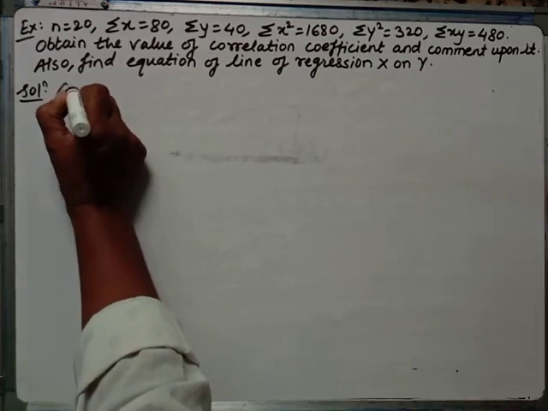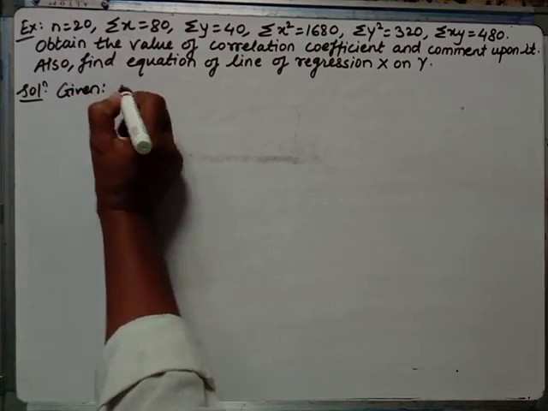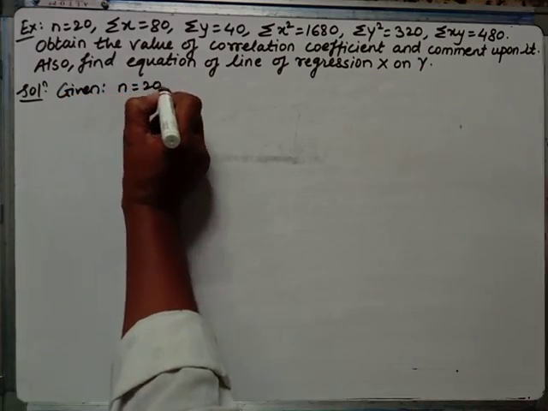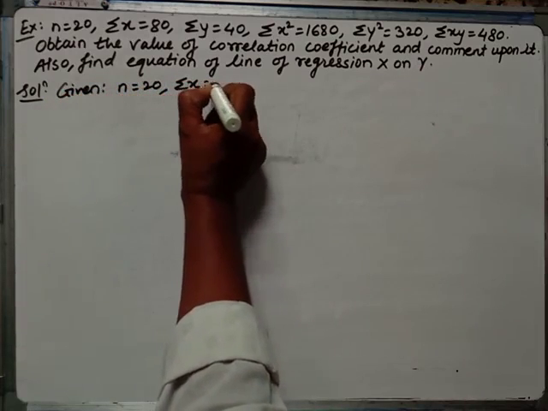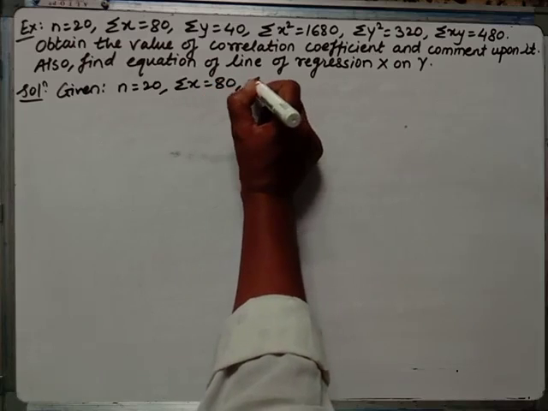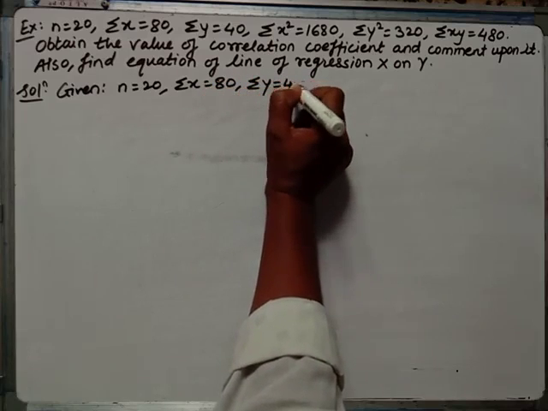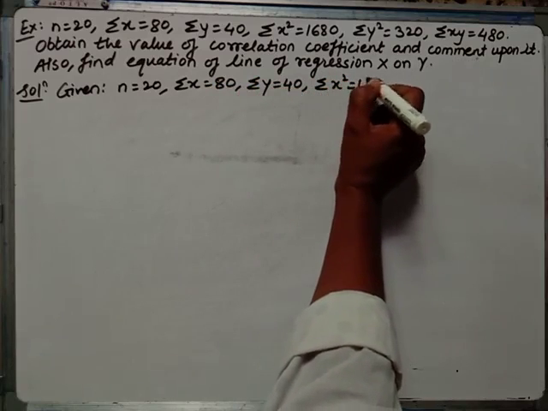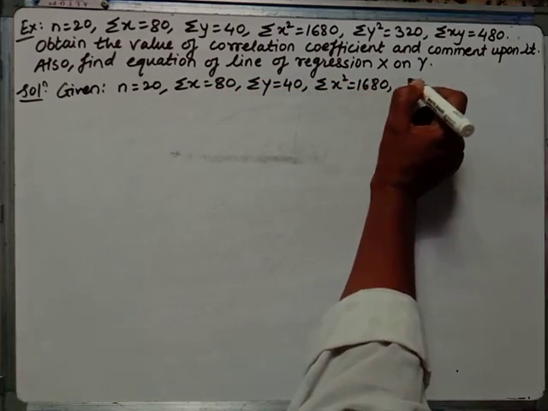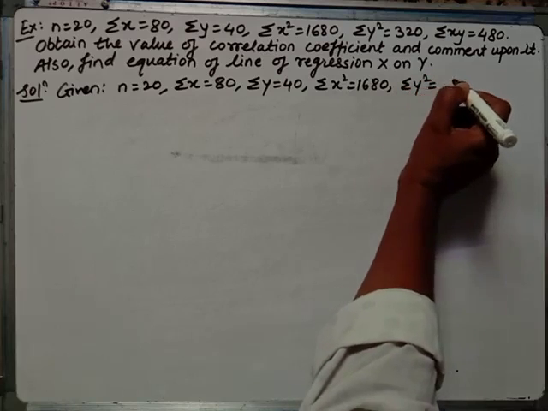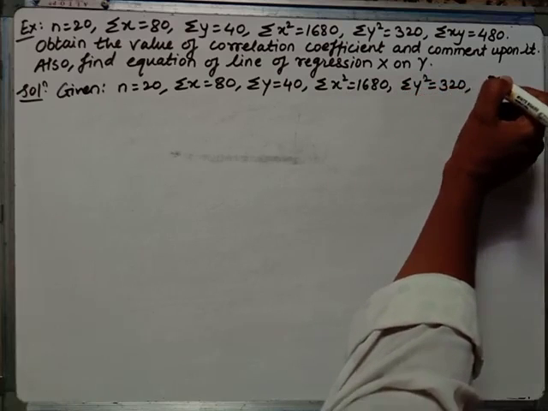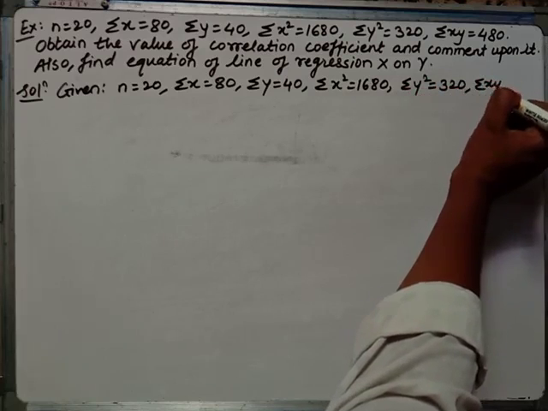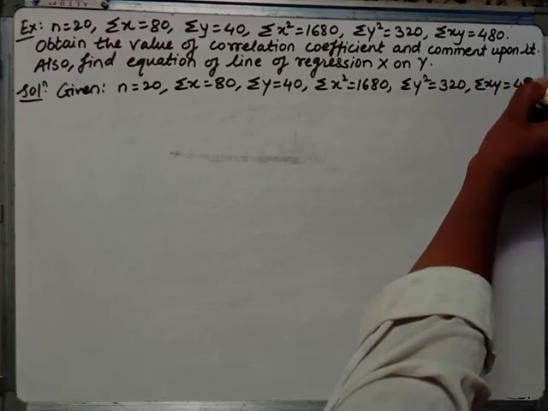So given n is equal to 20, summation x is 80, summation y is 40, summation x square is this, summation y square 320, summation xy is 480.